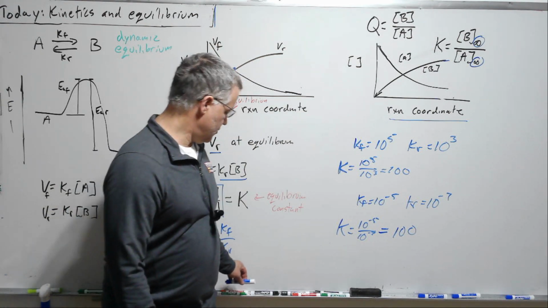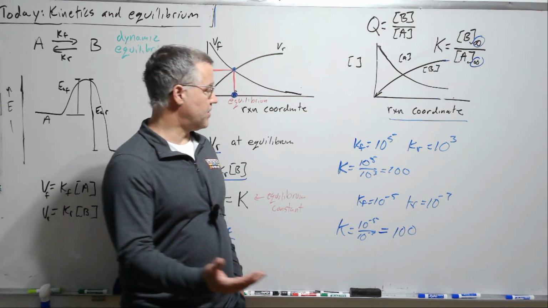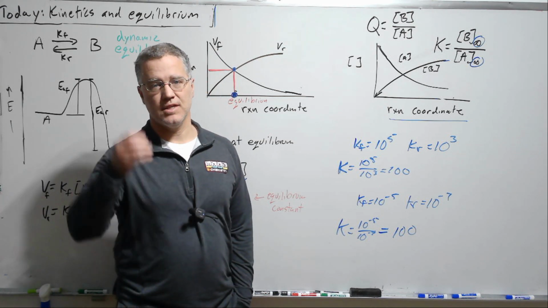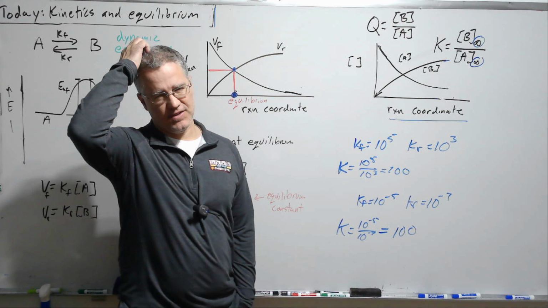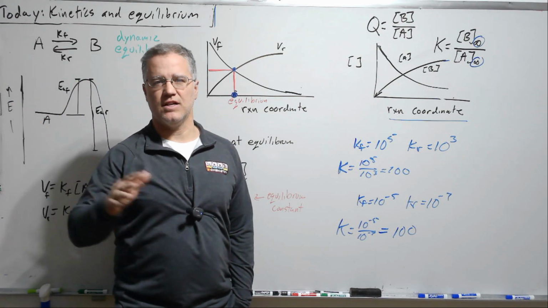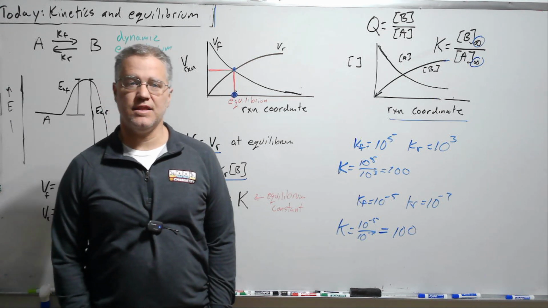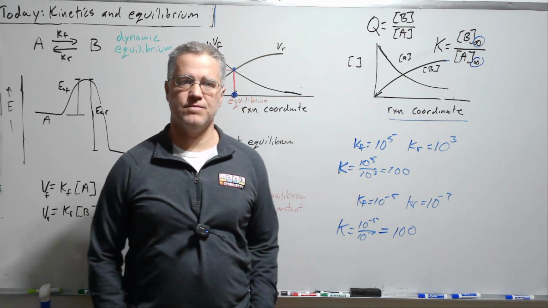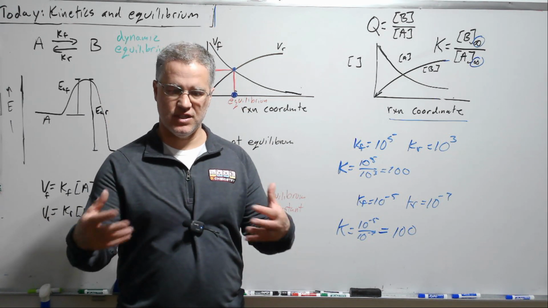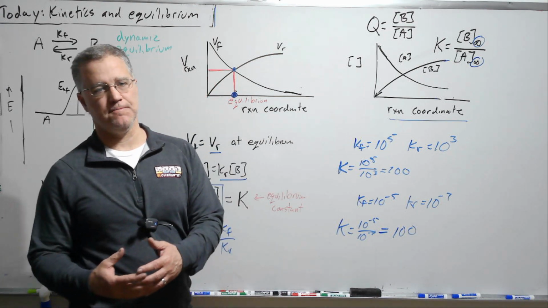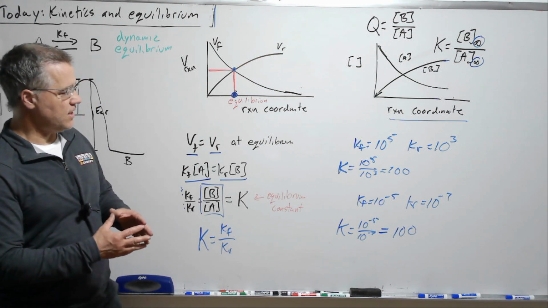So there's nothing we can say about the equilibrium constant being 100 that tells us the reaction is fast or slow. And I didn't emphasize that point probably enough as we've gone so far. When we have an equilibrium constant, it says nothing about the speed of the reaction. So thermodynamics just says where the reaction is going to end up. It's kinetics that talks about the speed with the rate constants.